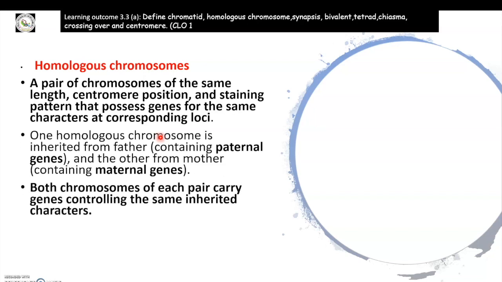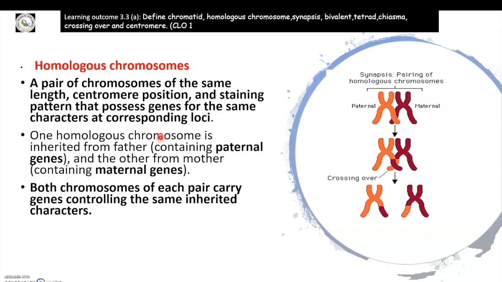Because we have a pair, we have two. The orange color means they are from the father, which we refer to as the paternal chromosome, and the maroon color we refer to as the maternal chromosome, which comes from the mother. Both chromosomes carry genes for the same inherited character.